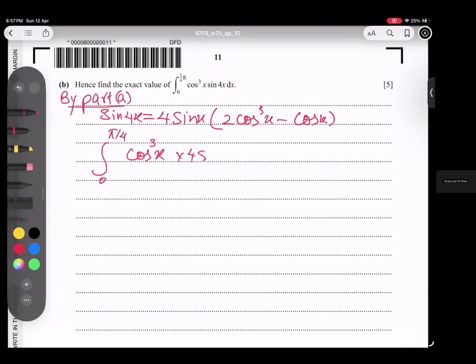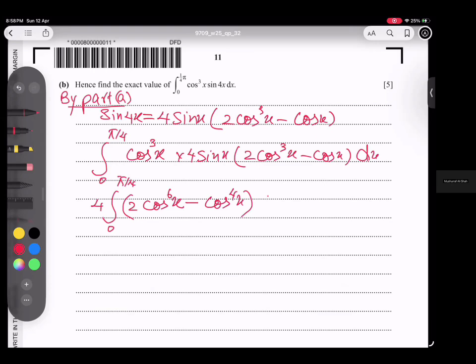So I got 4 sin x, in the bracket 2 cos cubed x minus cos x, dx. Now I bring this sine alone outside and this sine multiplies cos cubed inside. There is some logic behind this, and inshallah you will realize it as well. So I'm writing 4 outside, and here 2 cos^6 x minus cos^4 x in the bracket, and outside I'm getting sine.